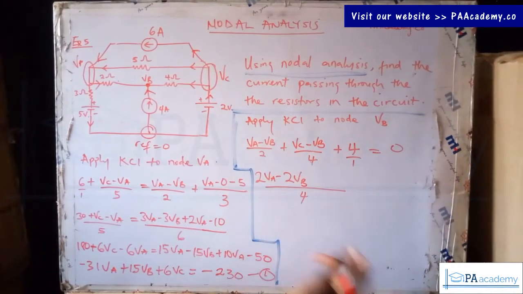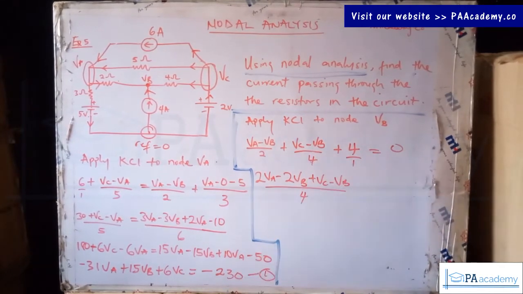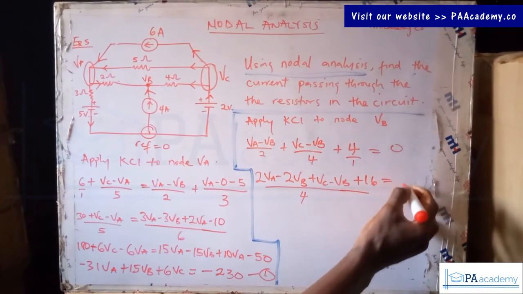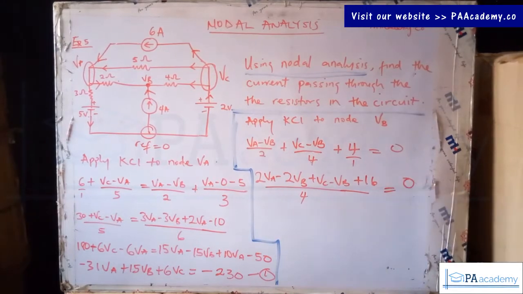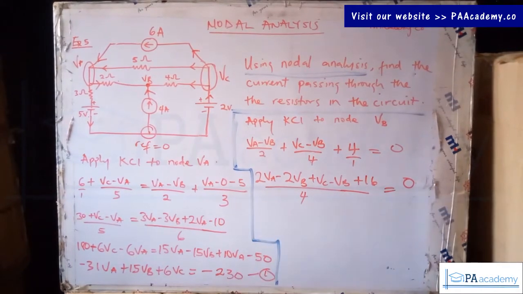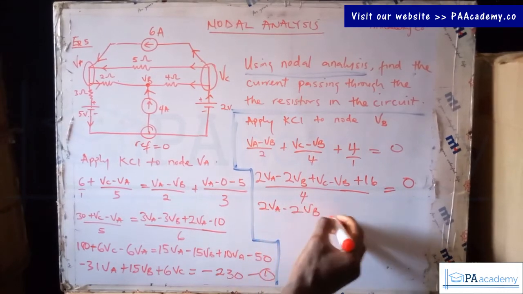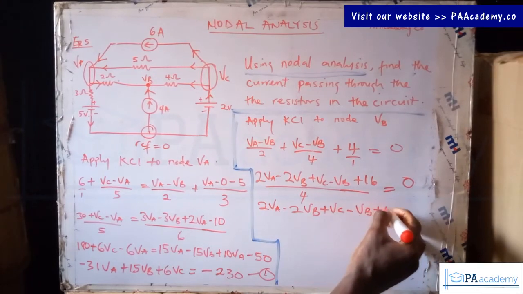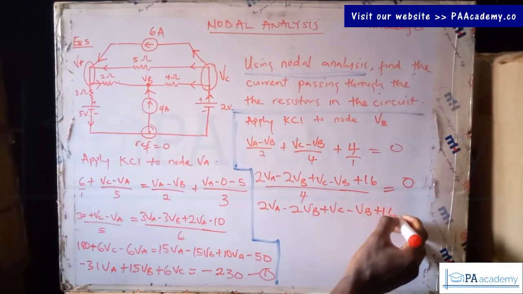Then this 4 divided by 4, that's 1, plus VC minus VB. 4 divided by 1, that's 4 times 4, that's 16, plus 16 equals to 0. Alright, so are we good? So if you cross multiply, 4 multiplied by 0 is still 0. So we are going to be having 2 VA minus 2 VB plus VC minus VB plus 16 equals to 0.